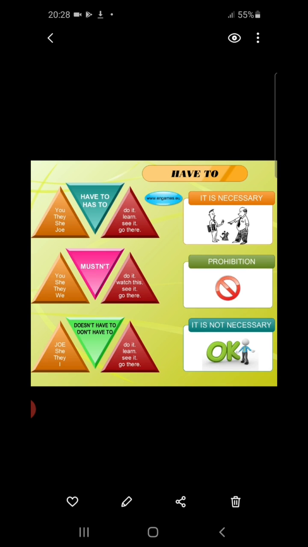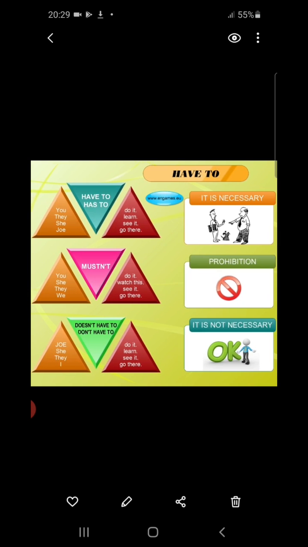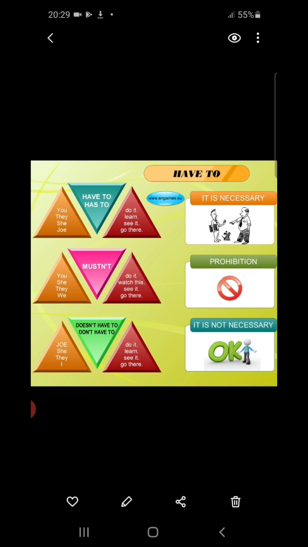It is necessary. She has to see it. Joe has to go there. Next one. It reveals prohibition. Mustn't. You mustn't do it. She mustn't watch this. They mustn't see it. We mustn't go there.